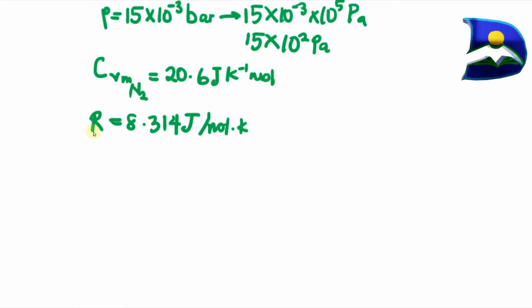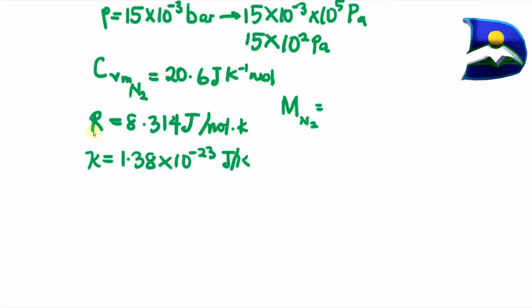The next one is the k value, which is Boltzmann's constant, a potential constant that will be used in this example. Next is the molar mass of our nitrogen gas. For one nitrogen atom it is 14.01, and this time it is multiplied by 2, which is 28.02.